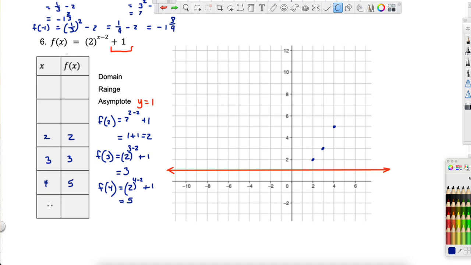Now, I want to do 5 next. Okay, so we see 5 minus 2 is 3. This is going to be 2 cubed, right? I'm skipping the plug-in step there, but I hope you can see. 2 cubed is 8, plus 1 is 9. 5, 9. Let's get some negative ones in here.